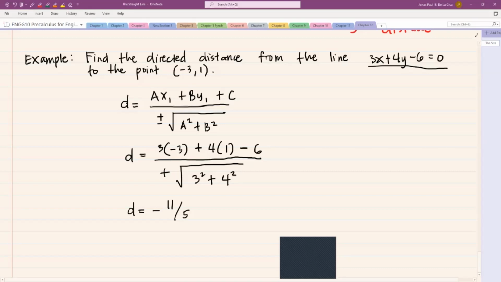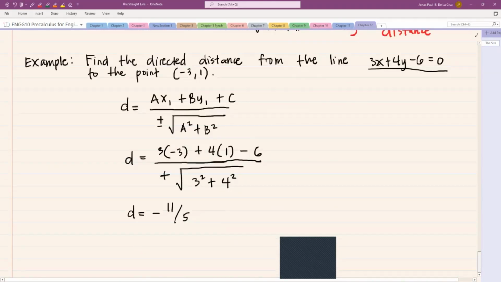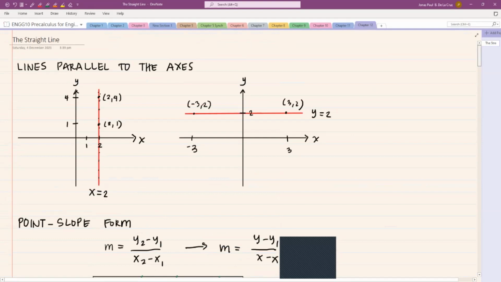Okay, so that's the end of chapter 12. So we talk about the different forms of a straight line.